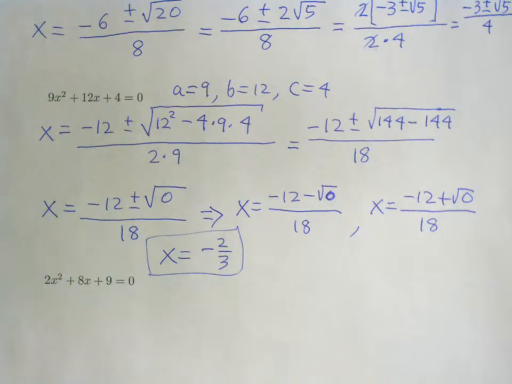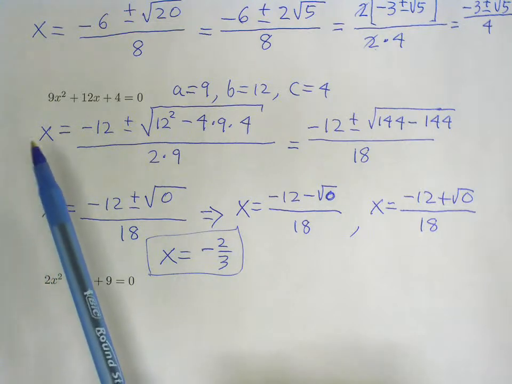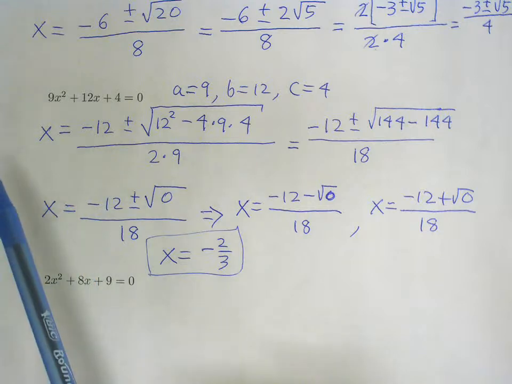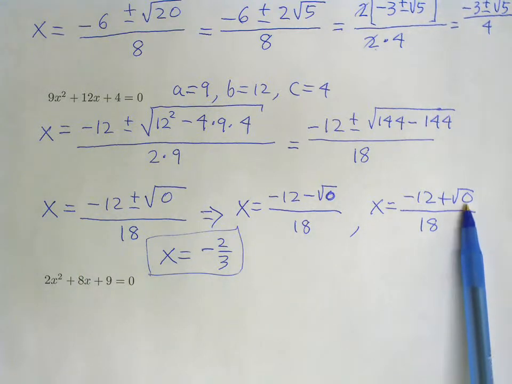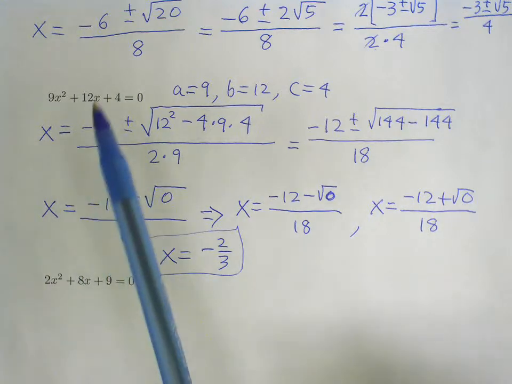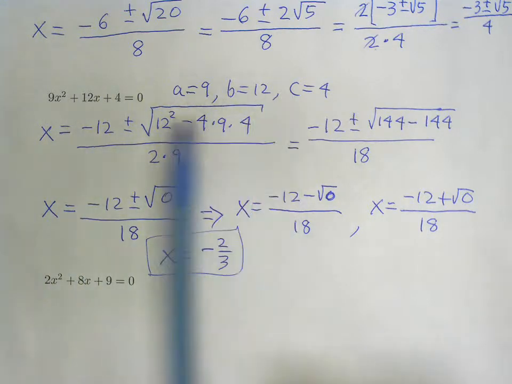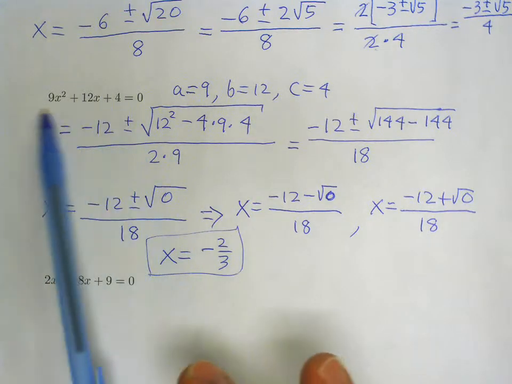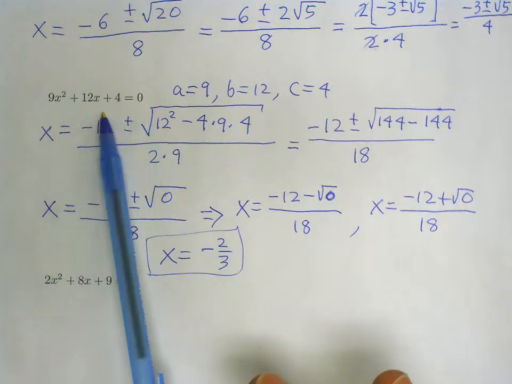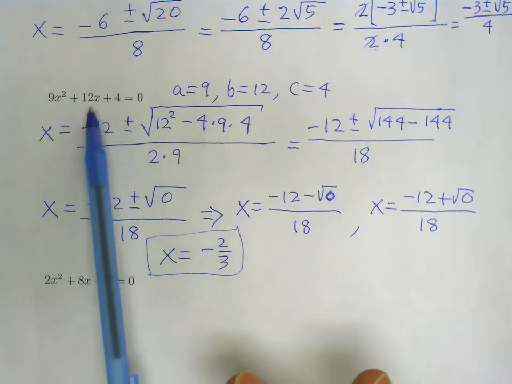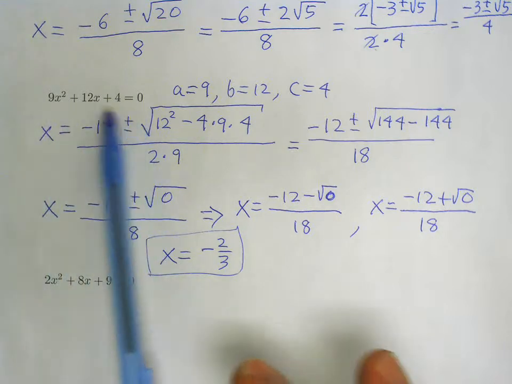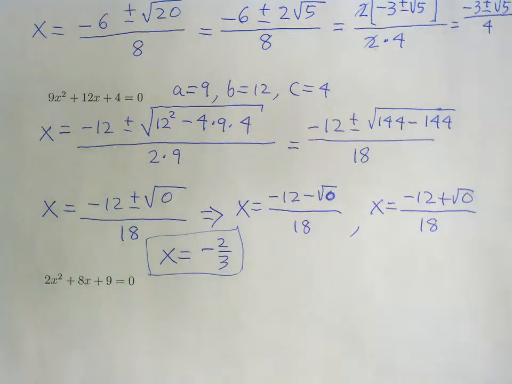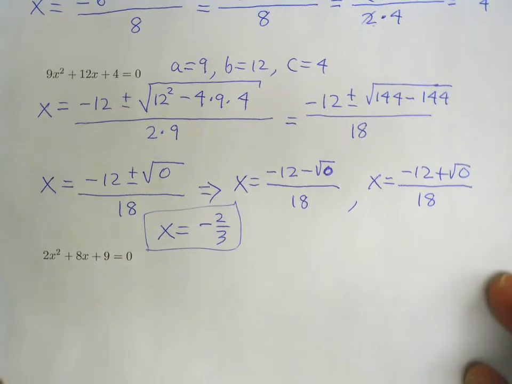So in general, when solving a quadratic equation using the quadratic formula, if the discriminant is 0, then one of two things must be true. Either the trinomial is already a perfect square trinomial, or it is a constant multiple of a perfect square trinomial. So that's a little fact that might be useful.